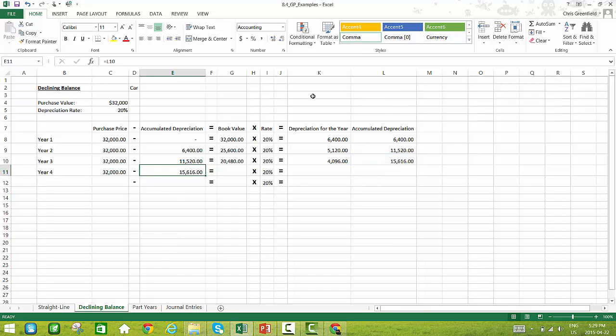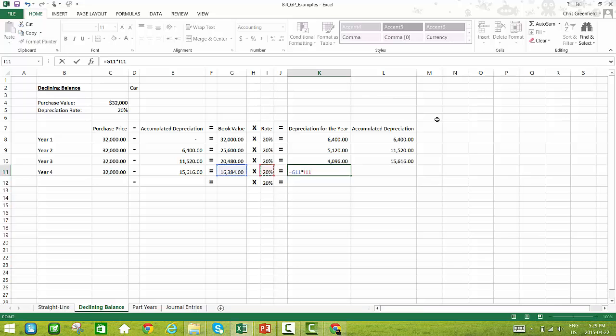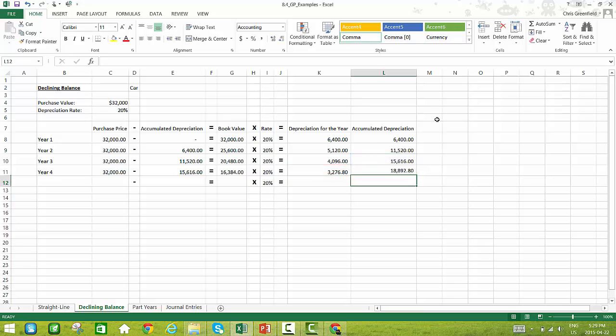I'm going to go through the same process then. I'm going to subtract those two numbers, the 15,616, and then do my multiplication. Now my depreciation for this year is 3,276.80, and then I've got to do my addition.